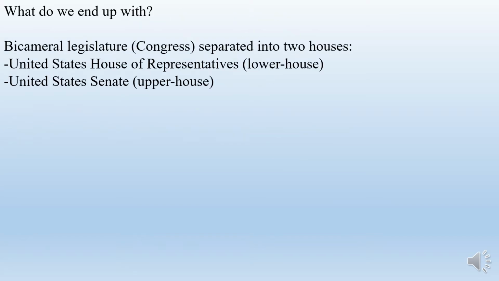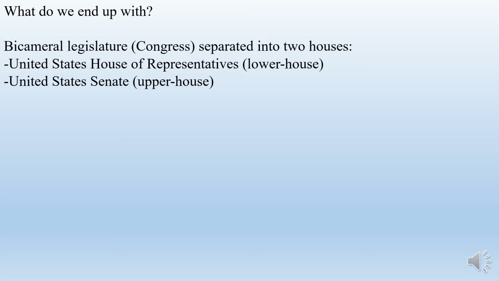We end up with a bicameral legislature that we call today Congress, and it is separated into 2 houses. The lower house is the United States House of Representatives. As I said in the previous slide, each state's delegation will be decided by the size of the state population. Each state is guaranteed 1 member, or an at-large member, in the House of Representatives, and then for every additional group of the population, you get 1 extra member in the House.